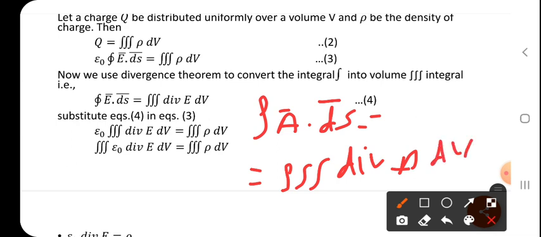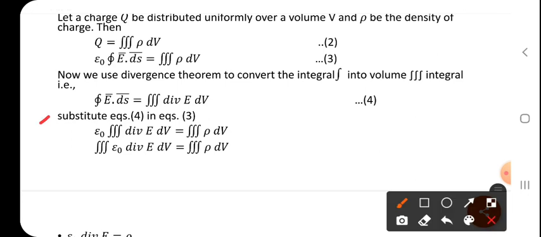In the place of A, if you substitute E here, then here also E comes. That is why we got E here.